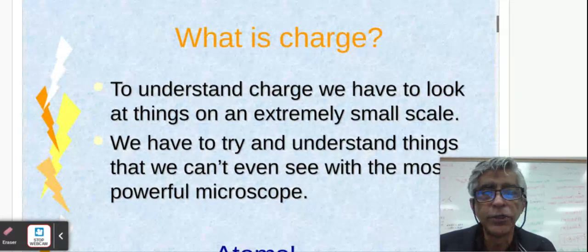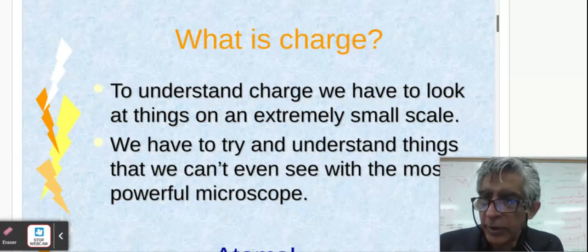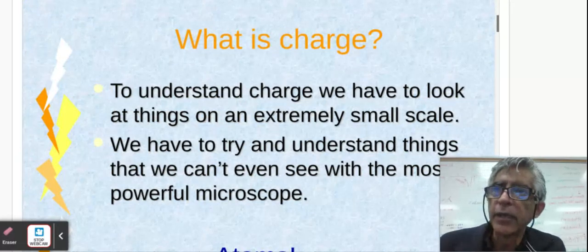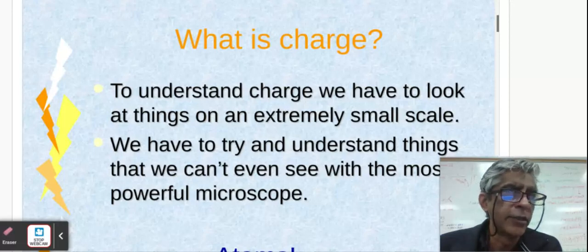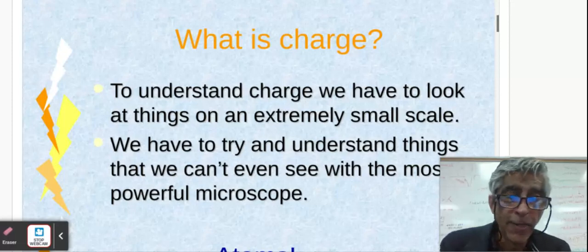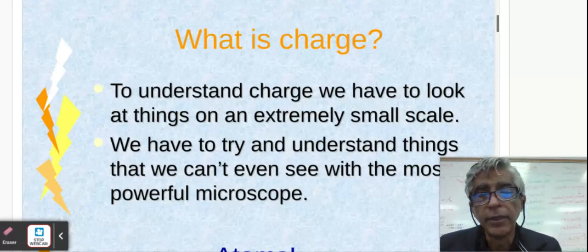So what is this charge thing? If you go back, I'm sure you learned back in chemistry about atoms, and the only thing that really carries a positive electrical charge within the scope of what we're studying is a proton.